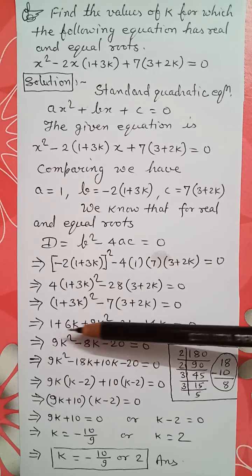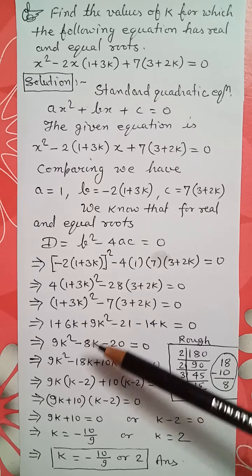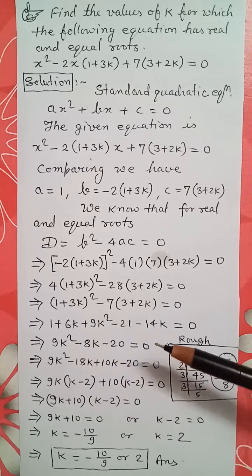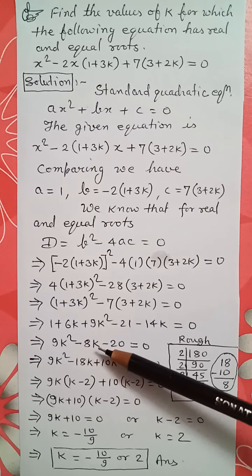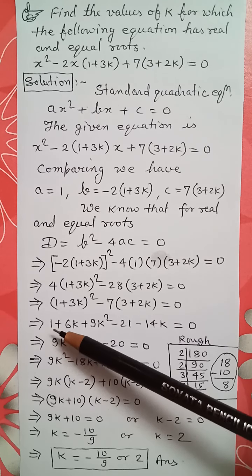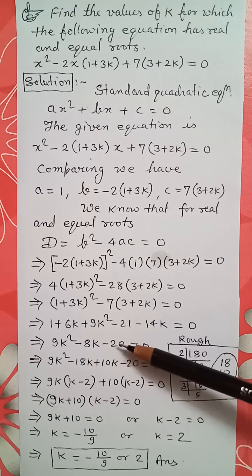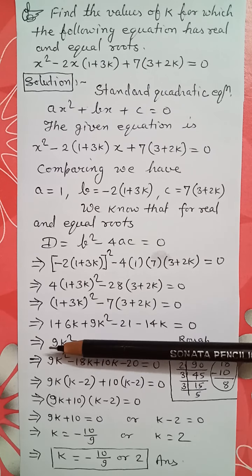Now simplifying again, we have 9k square, now this is 6k and this is minus 14k, so we have minus 8k, and minus 20 is equal to 0. Now this is again a quadratic equation.